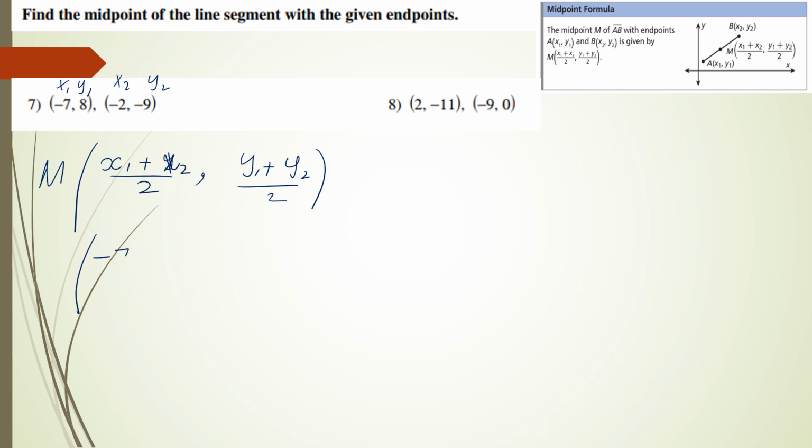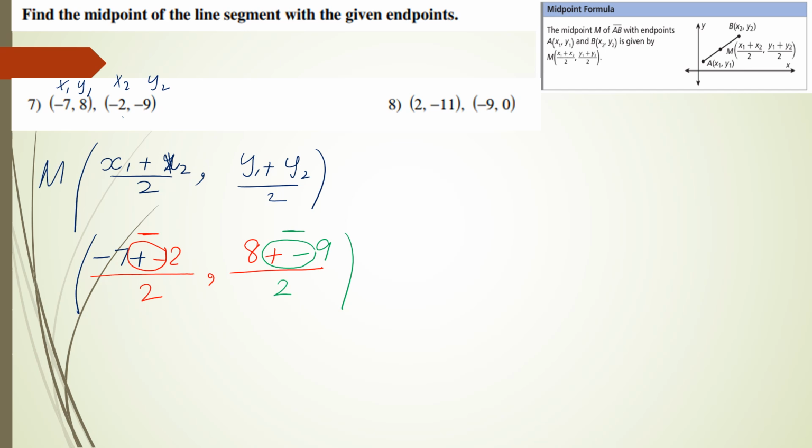It is negative 7. x2 is negative 2, and plus minus is minus, so no need to write the plus sign. So minus 7 minus 2 divided by 2. Now what is y1? y1 is 8 and y2 is negative 9. Again plus minus gives you minus, divided by 2.